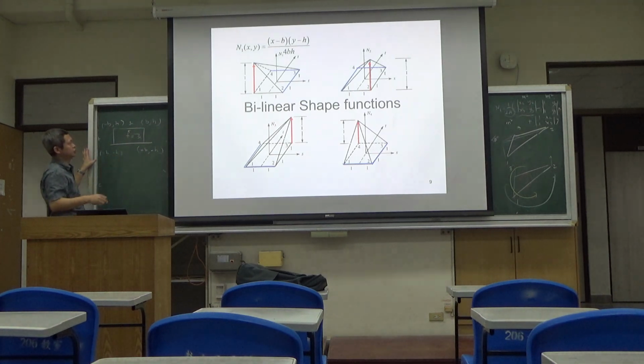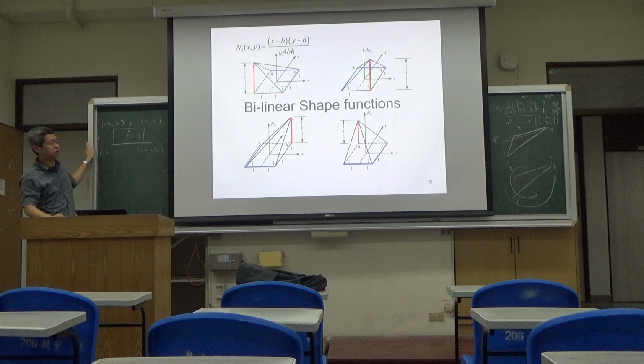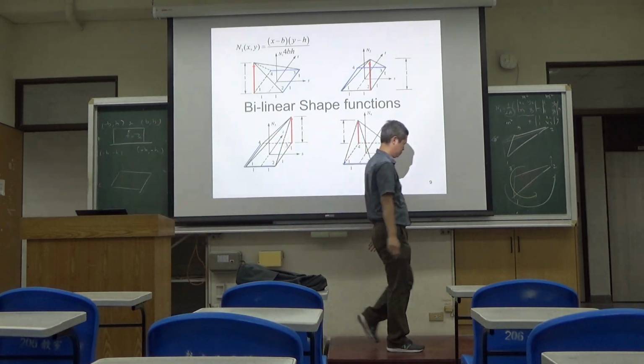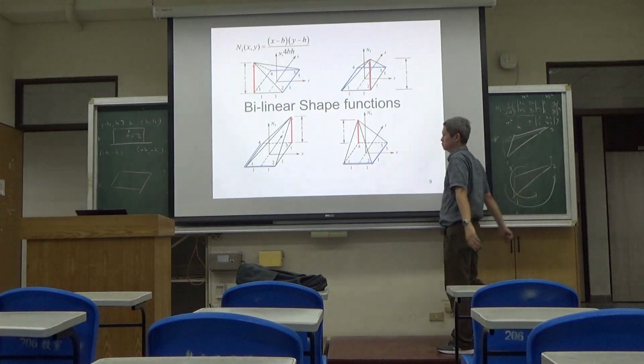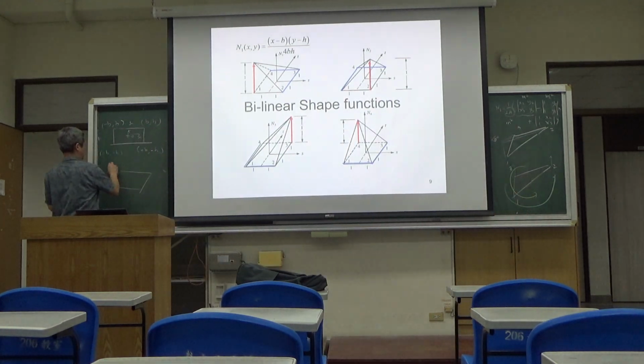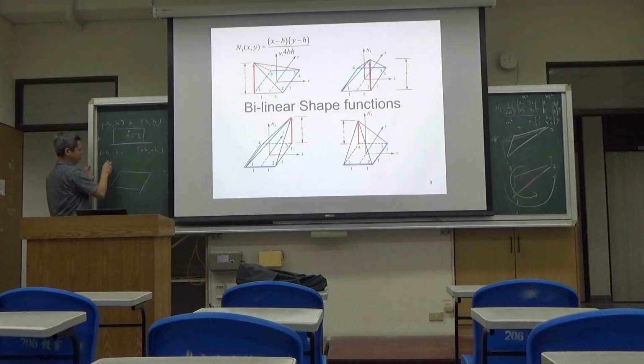If you want the shape function to be 1, okay? Take for example, if you want this point to be 1, and other points are all 0, okay? Along the side, you see this. Along the side, you see that.